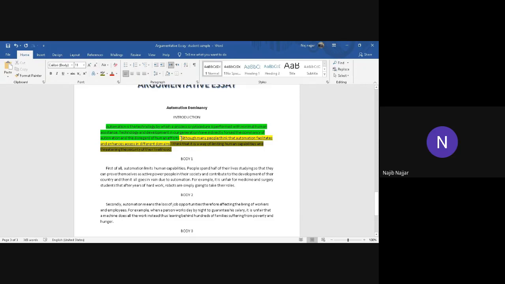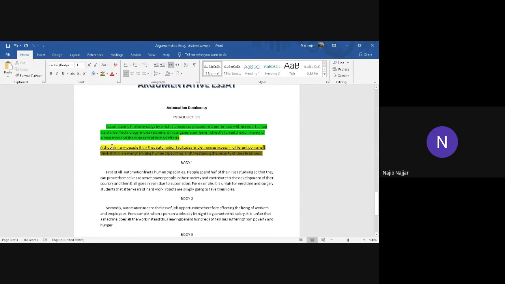But while writing your essay, do not separate them, please. And the second part is the thesis. As you can see here, although many people, here will start with a counter argument, the argument that we are arguing against, and then the author's argument. Now, let's go to body one.